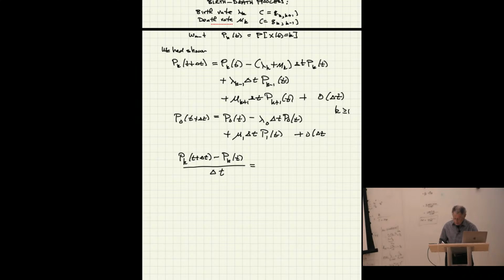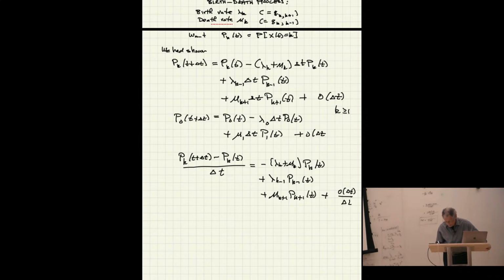And on the right-hand side, I'm going to get minus lambda k plus mu k. The delta t went away, I divided by it, left with p k of t. Similarly, the next term I get plus lambda k minus 1, p k minus 1 of t. And then I'm left with the mu k term, plus mu k plus 1, p k plus 1 of t. And all of that, the little o of delta t didn't disappear, but remember I'm dividing by delta t all throughout.